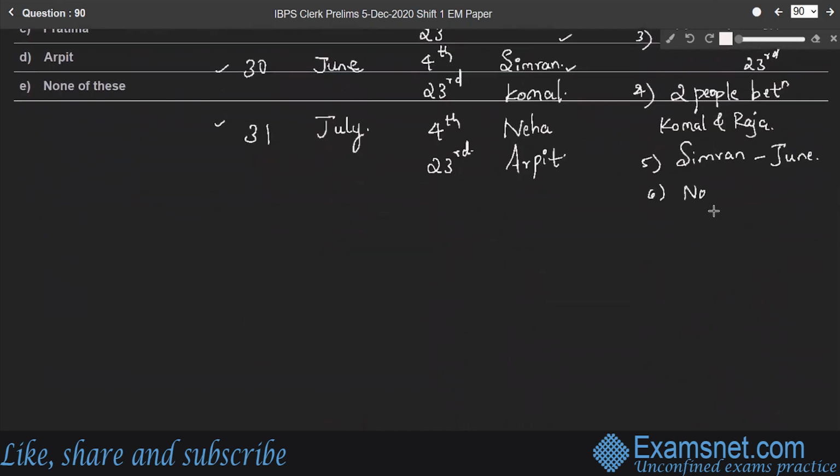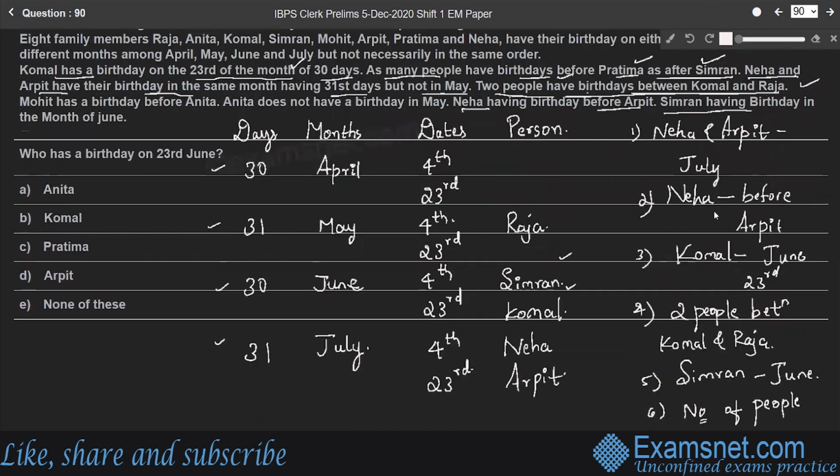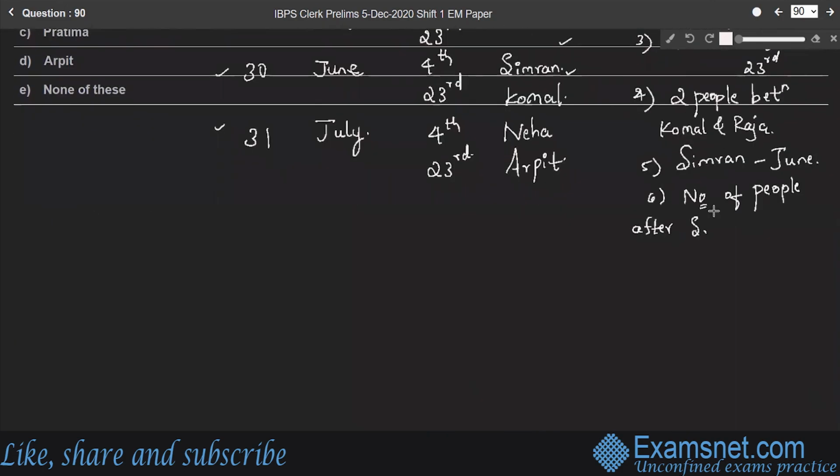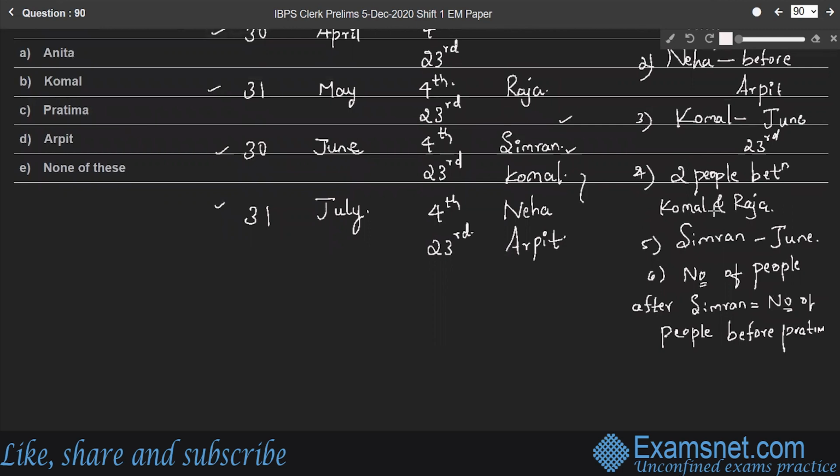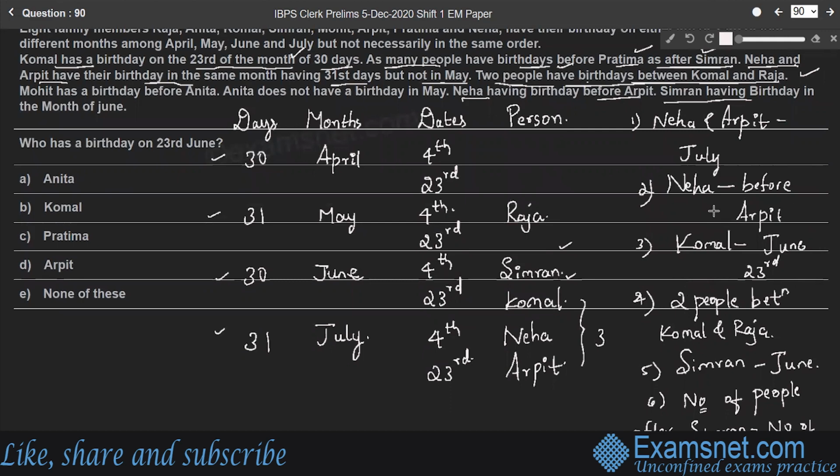The number of people after Simran is equal to 3, so before Pratima has to be 3.